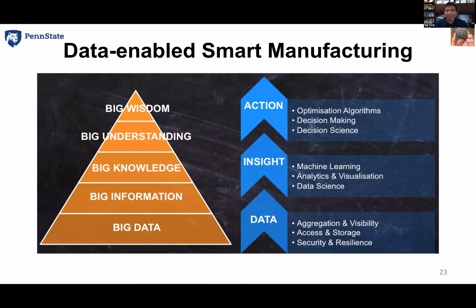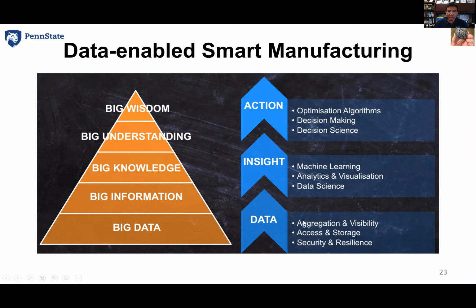So if there are data, we talk about data-enabled smart manufacturing. From the data, we want to extract useful information and derive the insights and knowledge, and then gain a better understanding of where the variation in the system comes from, and also do better control and better actions, and there's wisdom in it.